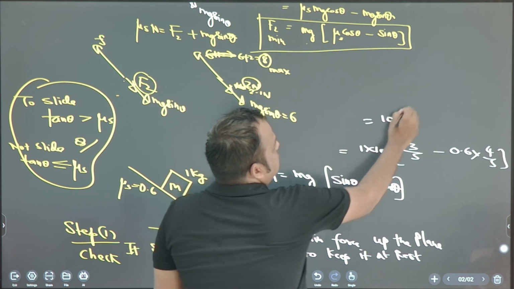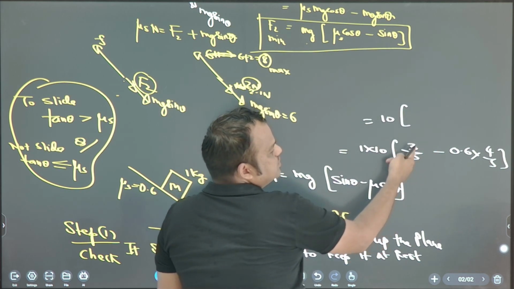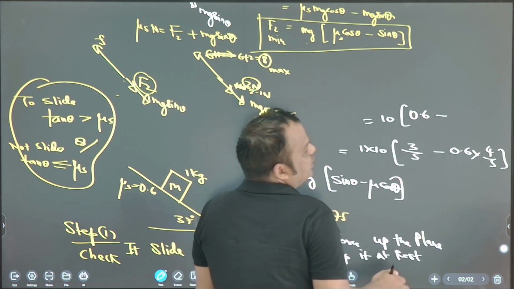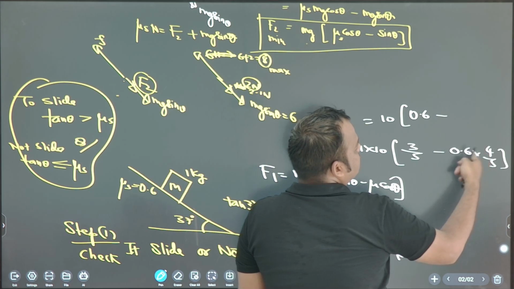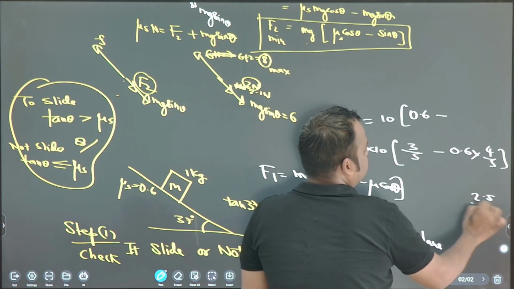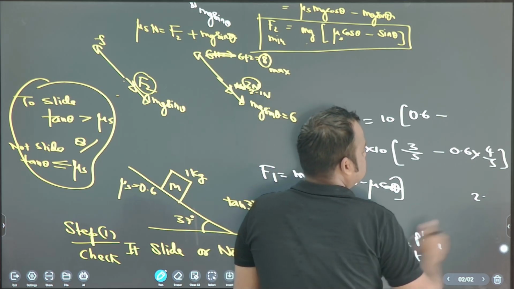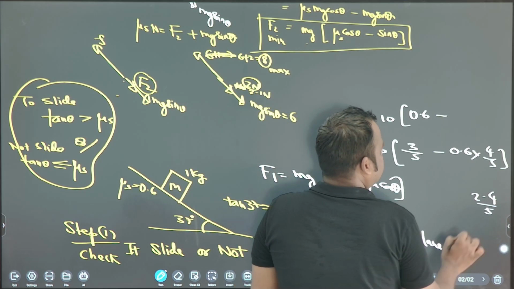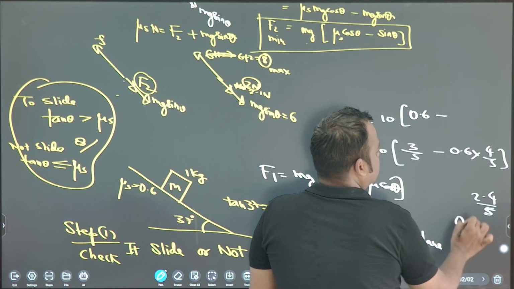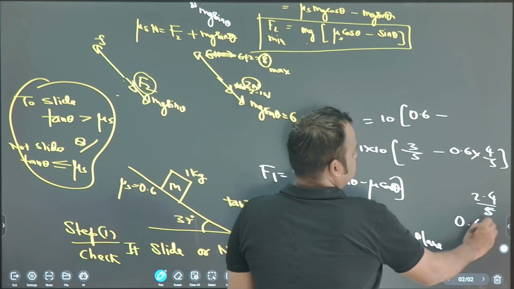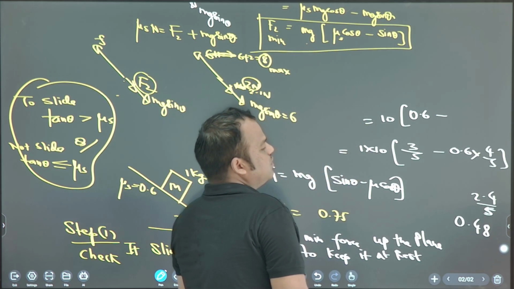So this is 10 into 0.6, 3 by 5, and this is 2.4 by 5. How much is 2.4 by 5? 0.48, right?